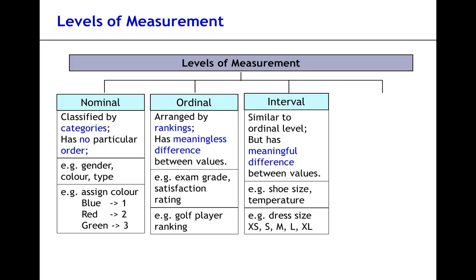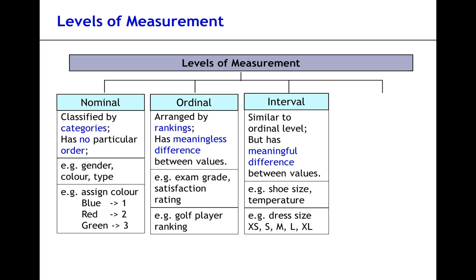For dress size, XL is bigger than L, which in turn is bigger than M, etc. However, unit of measurement is arbitrary, and the multiples between the values are not meaningful. In the case of degree markings in temperature, 40 degrees is hotter than 20 degrees, but 40 degrees may not just be twice as warm as 20 degrees. Some personal judgment might be involved here.